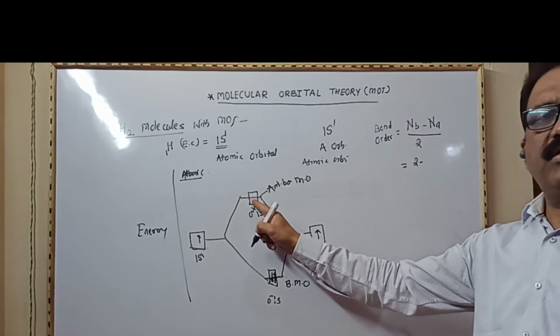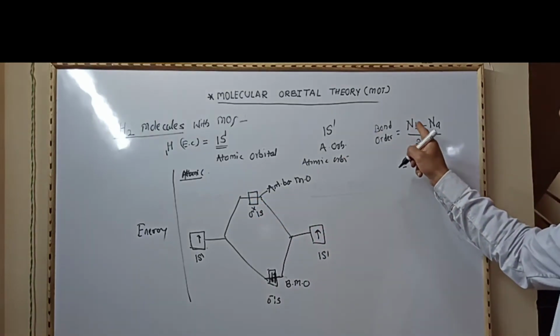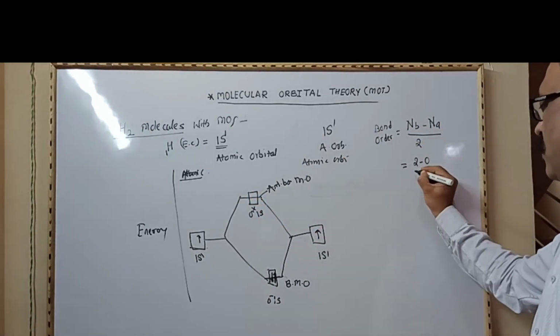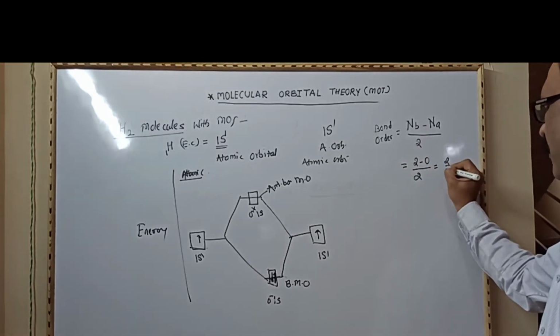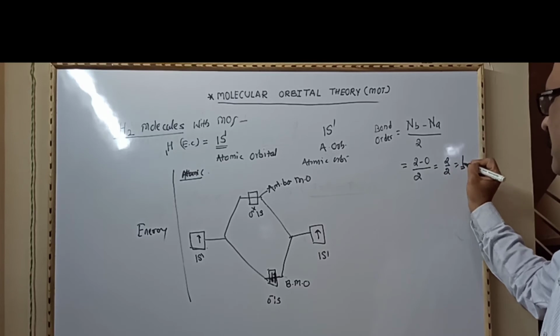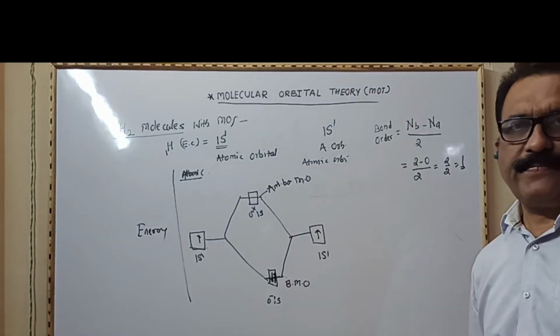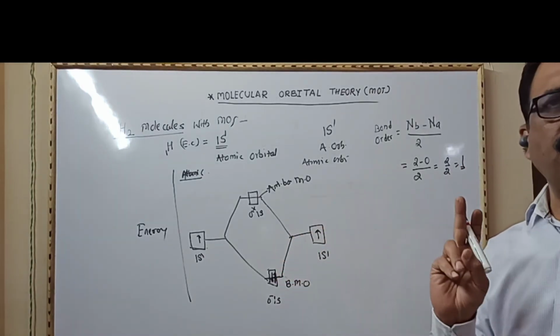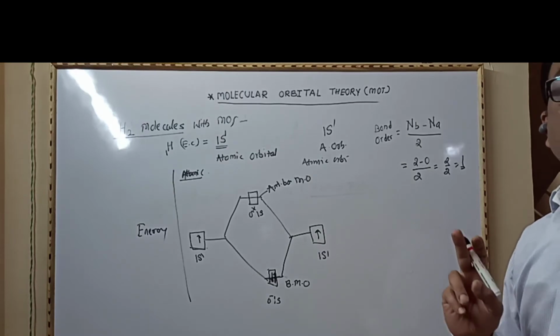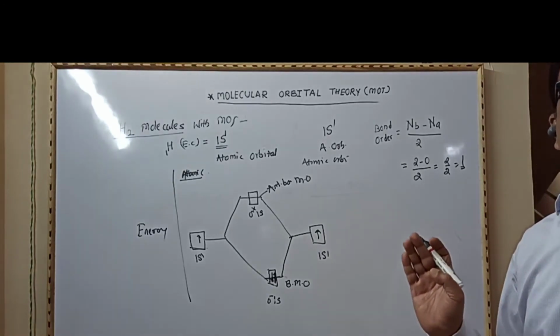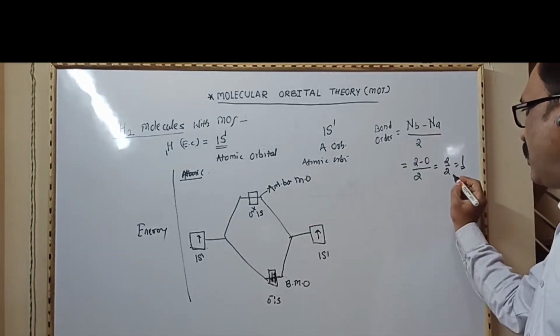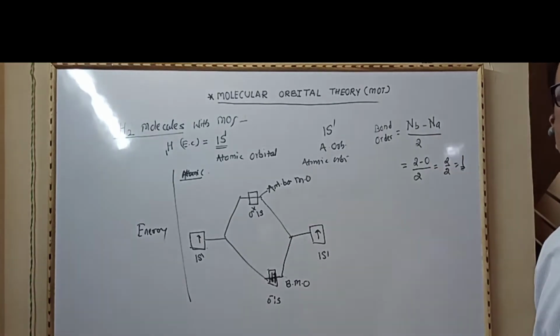No electron is present in anti-bonding. So 2 minus 0 divided by 2, that is 2 upon 2, is equal to 1. The bond order in the hydrogen molecule is 1. That is, there is only one covalent bond between the 2 hydrogen atoms.